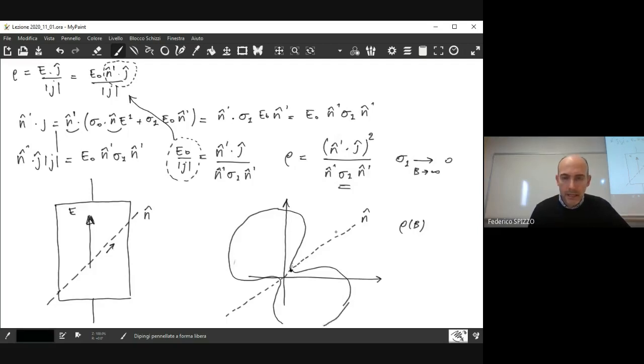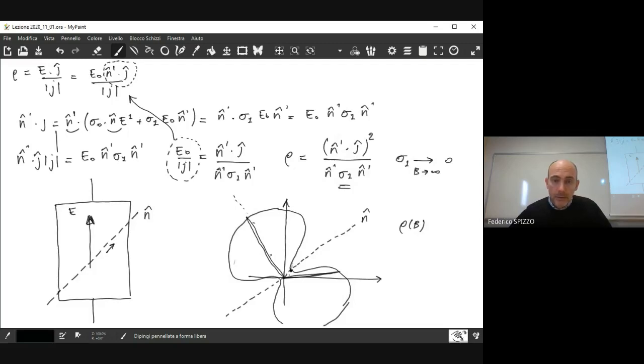I know that this is not a nice diagram, but is it clear at least the meaning of that diagram? The diagram is the polar plot representation of the resistivity measured for a fixed value of B. So this line here, and also this line here, is equal to the resistivity that you measure when the external electric field is applied along this direction.